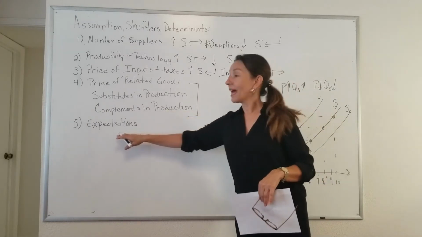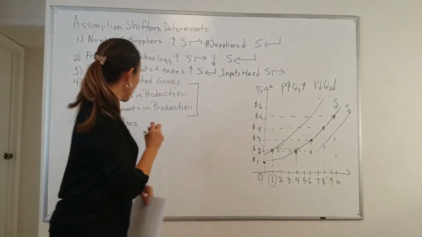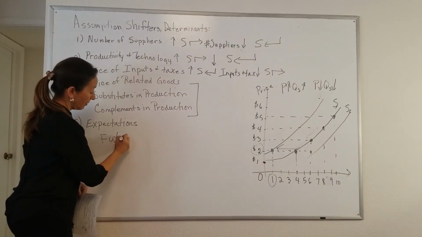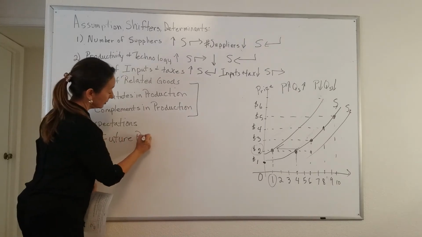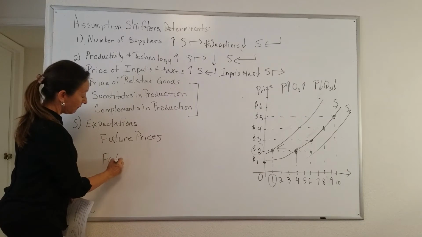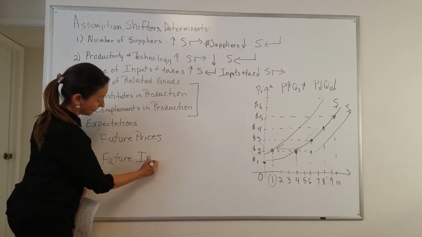Then finally, we have expectations. And producers have 2 types of expectations. One is about future prices, and the other one is about future input costs.